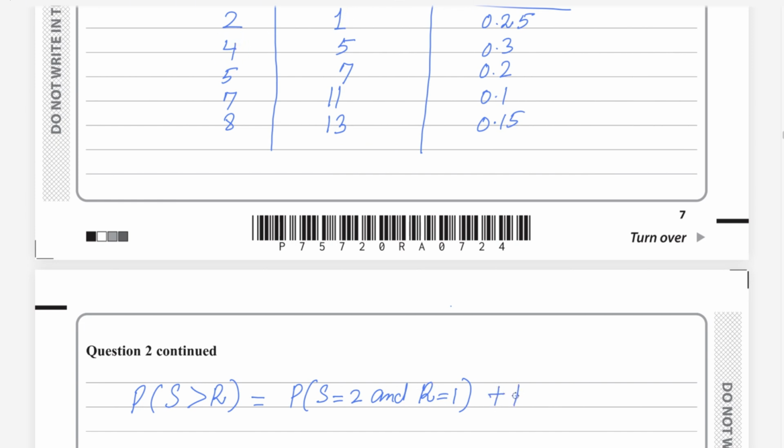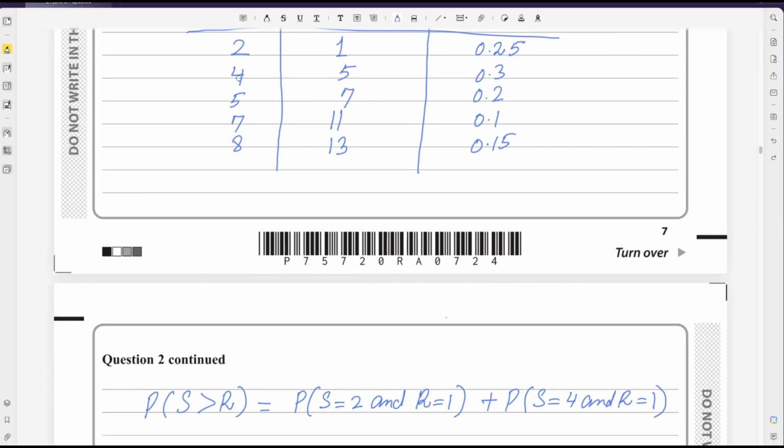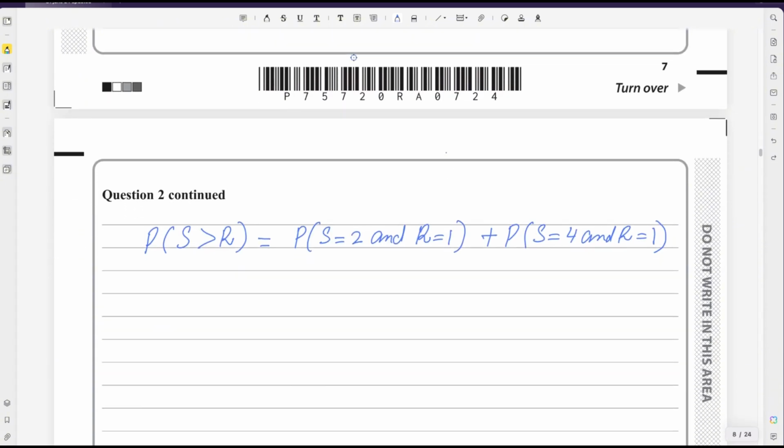So this is the other possibility, when probability of S equals 4 and R equals 1, then it is greater and Sam will win. This is the other possibility. Write the next possibility, that is S equals 5 and R equals 1, when S is greater than R. So this will be the next possibility, probability of S equals 5 and R equals 1.